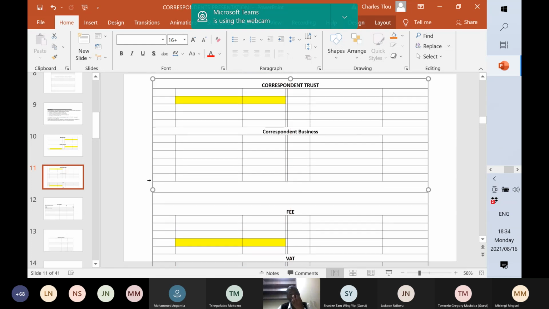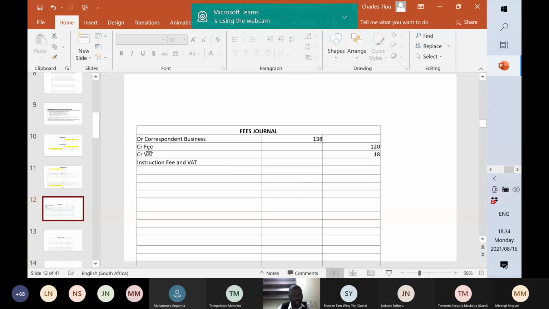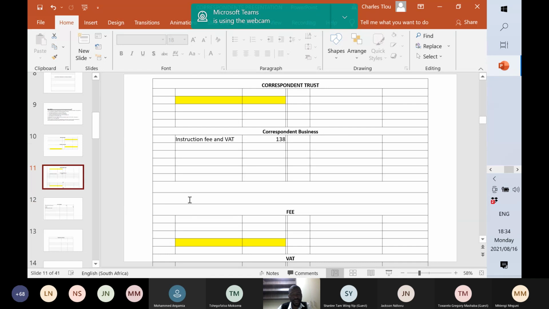Okay. Debit correspondent business, therefore we say here instruction fee and VAT, that is 138. And then you go to the fee journal again. It says here, credit your fee at 120. And then we go in and look for a fee ledger, and this is your fee ledger. They say credit 120.